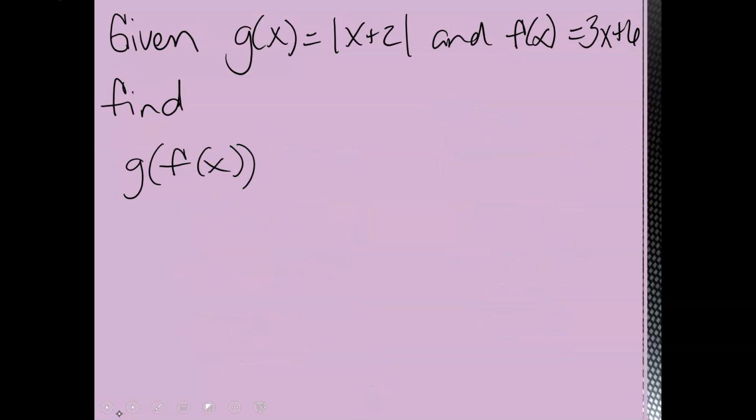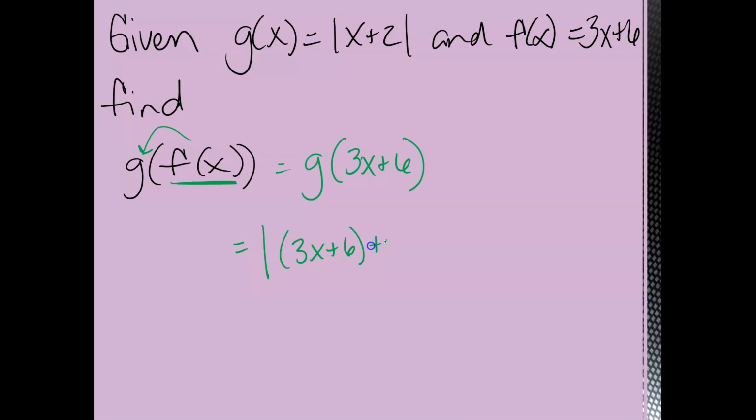All right. Next one is g of x equals the absolute value of x plus 2. And f of x equals 3x plus 6. I want to find where I take f of x and plug it into g. Well, f of x equals 3x plus 6, so I'm going to plug that in. So I'm going to take all of g's x's and replace them with 3x plus 6.